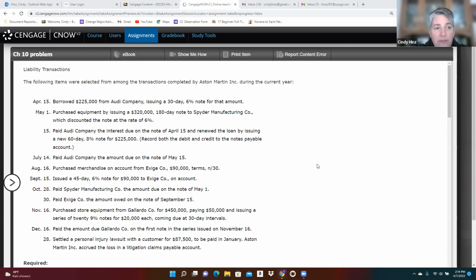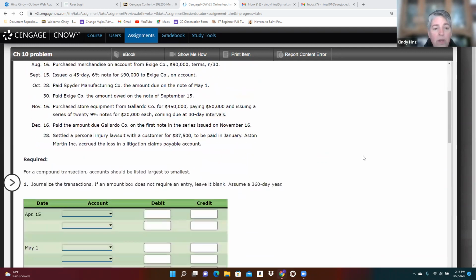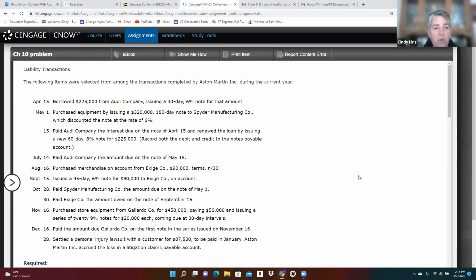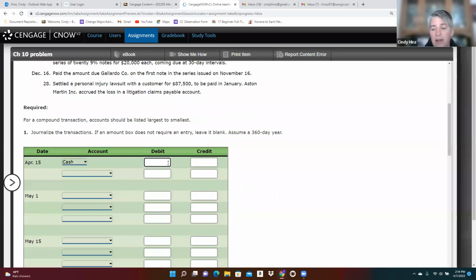So we'll start with the April 15th transaction. We borrowed $225,000 from Audi Company on a 30-day note at 6% interest. So what happened on April 15th? Well, we received some cash from Audi Company. It was a total of $225,000.